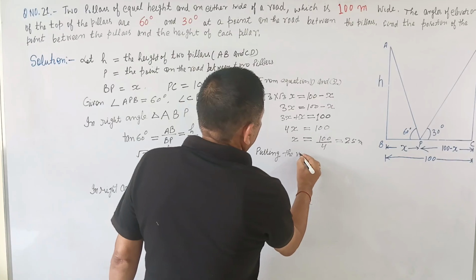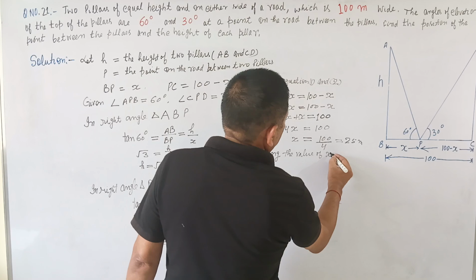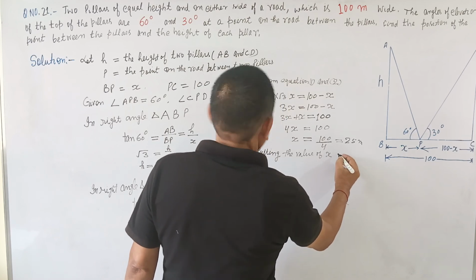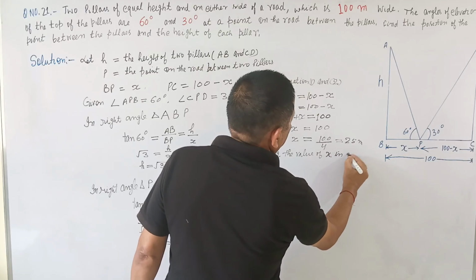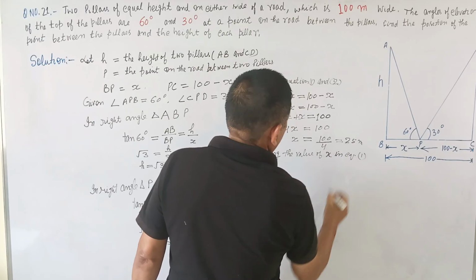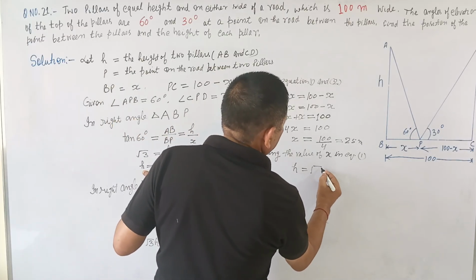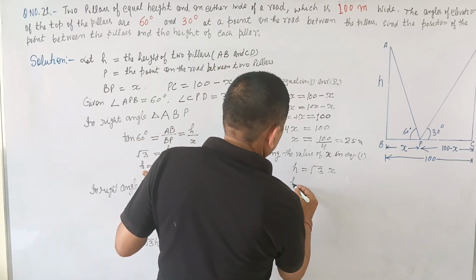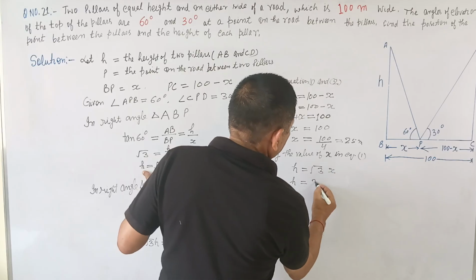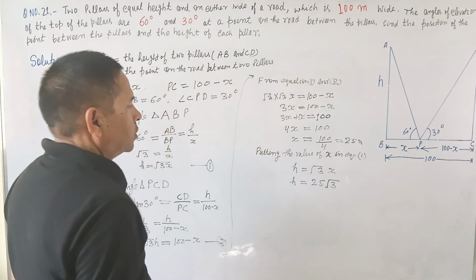Putting the value of X in equation 1, the equation is H equals root 3 X. So H will become, X is 25, so 25 root 3. So the height of the pillar comes out to be 25 root 3.